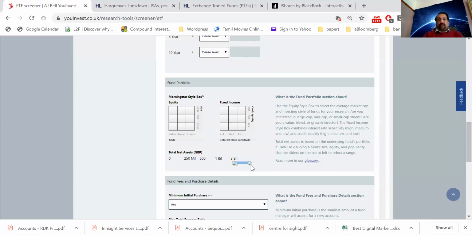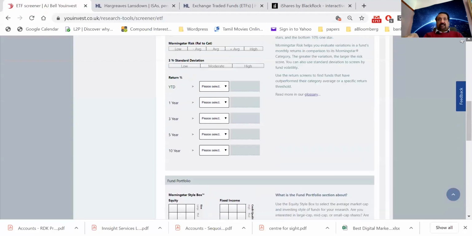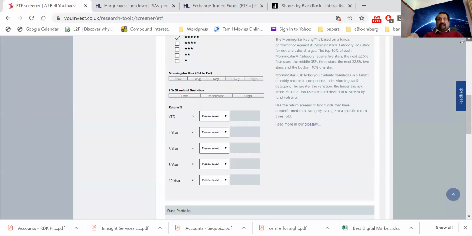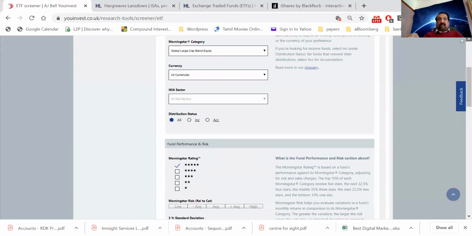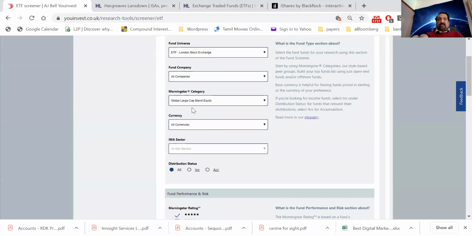So that contributes to your liquidity, which means that anytime you want to sell these shares, you can get access to the money. That's a big criterion as far as I'm concerned. So that's the reason why I choose big funds, 5-star funds, and they're restricted to global large cap blend equities.